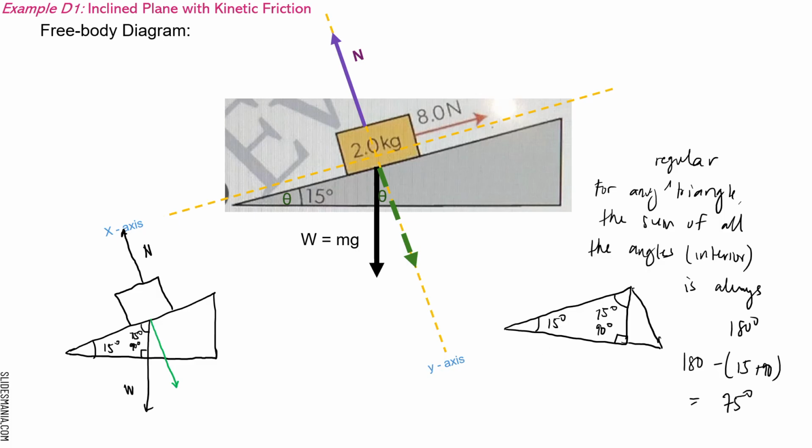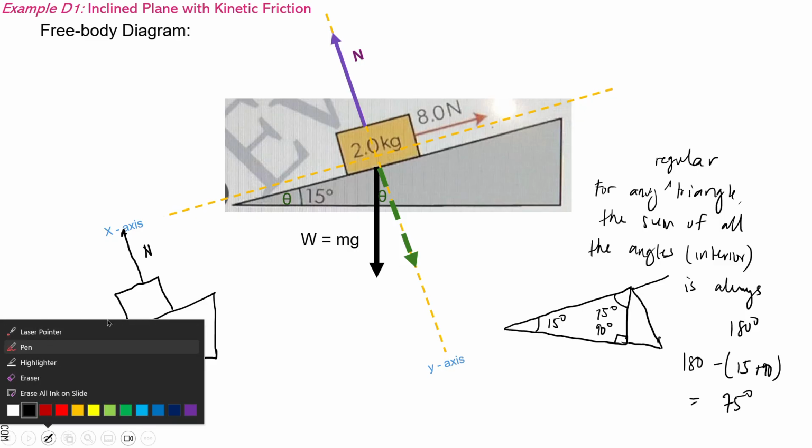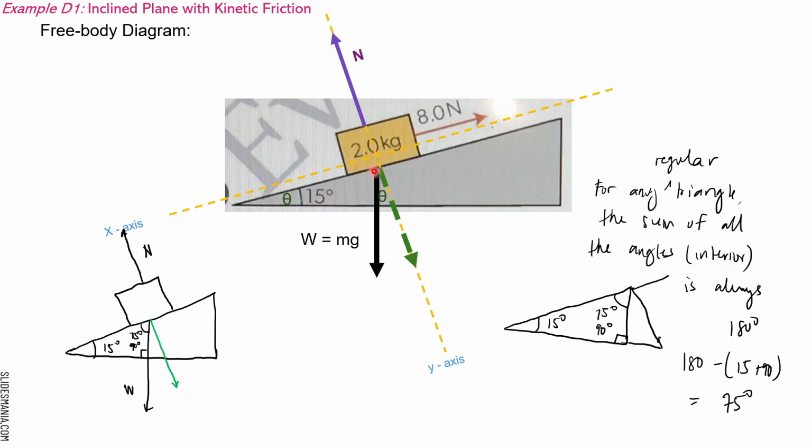Now, let's try to extend this a bit, because in the original diagram, we have this triangle, but we also have the ramp. So let's extend it just a bit. So this line, this ramp right here.